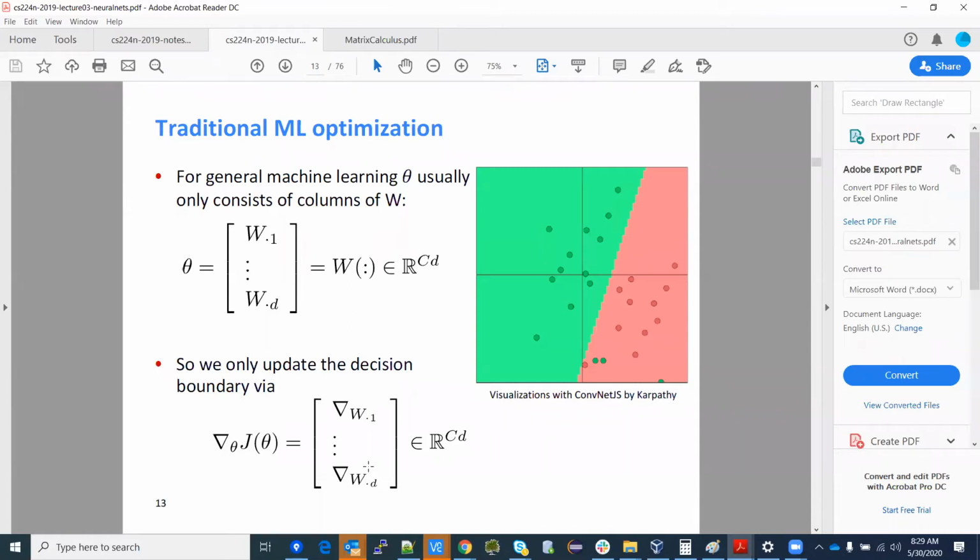And what you're trying to minimize is the gradient of your J theta, so whatever in this linear function is your cost, the distance between each class and your boundary.